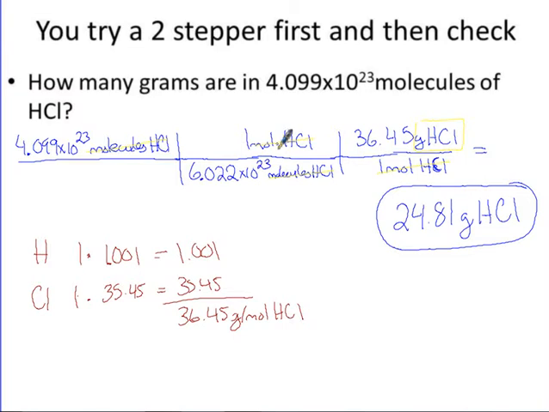And then you go from moles to grams, because down here you found the molar mass of HCl by breaking it up, adding it up, getting 36.45 grams per mole, and putting that up in here, and you ended up with, in 4.099 times 10 to the 23rd molecules of hydrochloric acid, you have 24.81 grams hydrochloric acid.